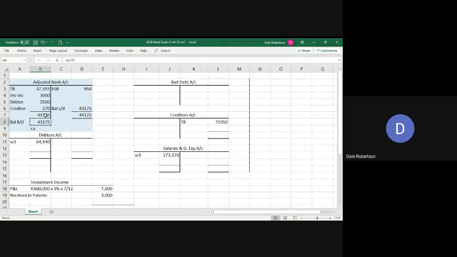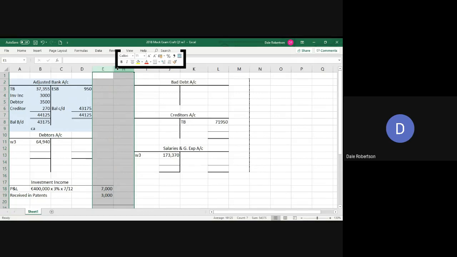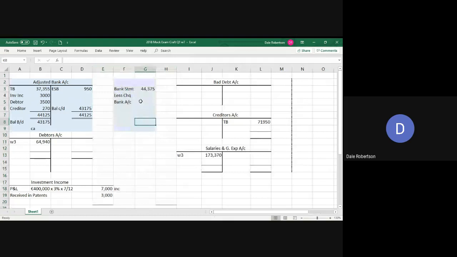The nice thing about this working is you can know halfway through whether you're doing it correctly or not by seeing if the bank account, that 43,175, actually corresponds with the information given in the question. So I'm just going to check if the bank statement is also 43,175. The bank statement figure given in working 7 is 44,375.